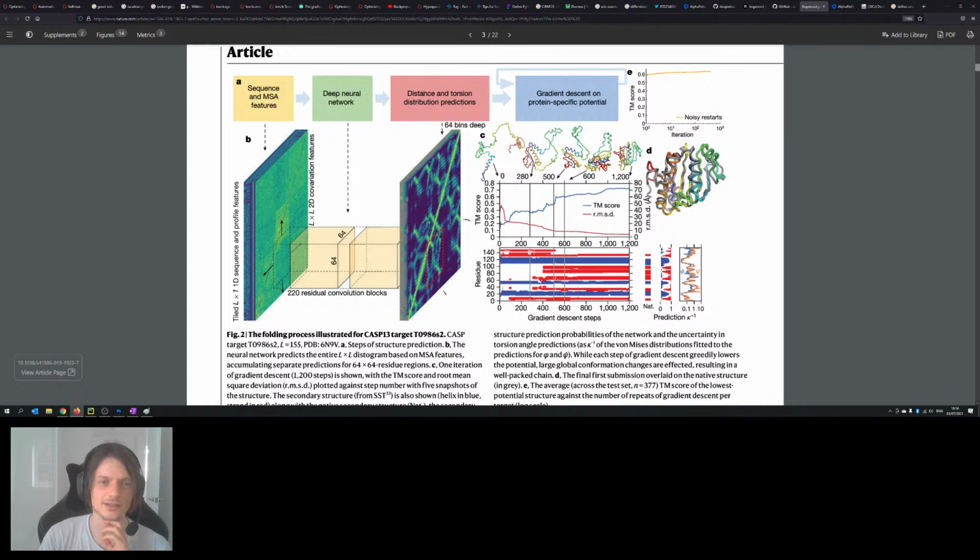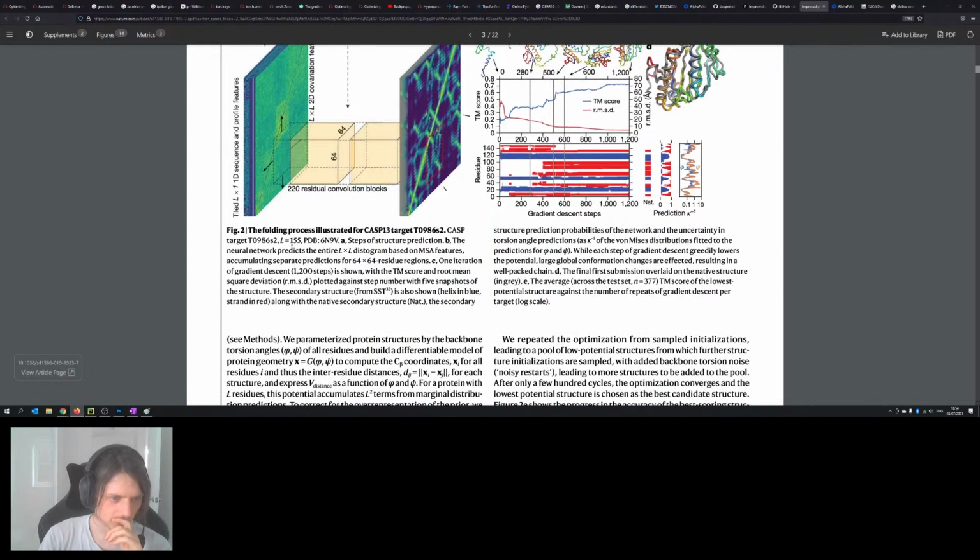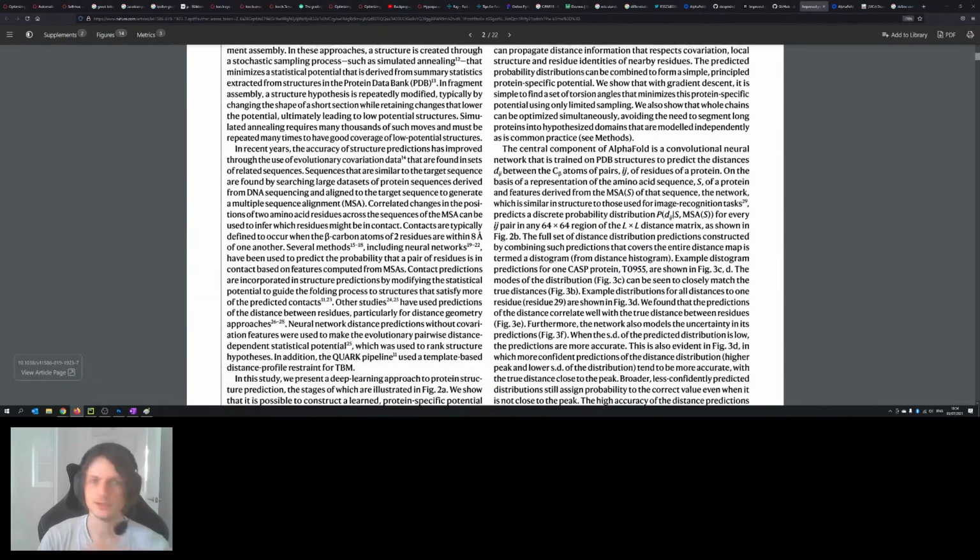Torsion. So distance and the rotation or folding distribution predictions. Out of all the possibilities it focuses in, I guess this is what this is trying to denote. The folding process illustrates. Okay, anyway, let's go back.